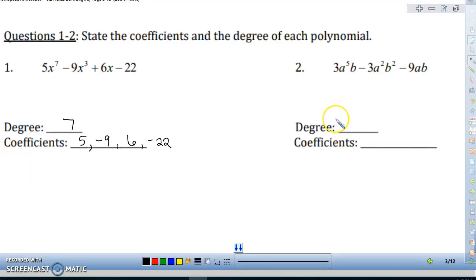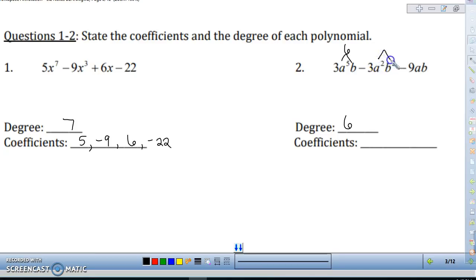Taking a look at number 2, this one's a little bit different because we have 2 variables within each of our terms. So take a second to look at that and make your prediction. The degree here is actually 6. If we look at the first term, I have a to the 5th and b. That makes that term have a power of 6.